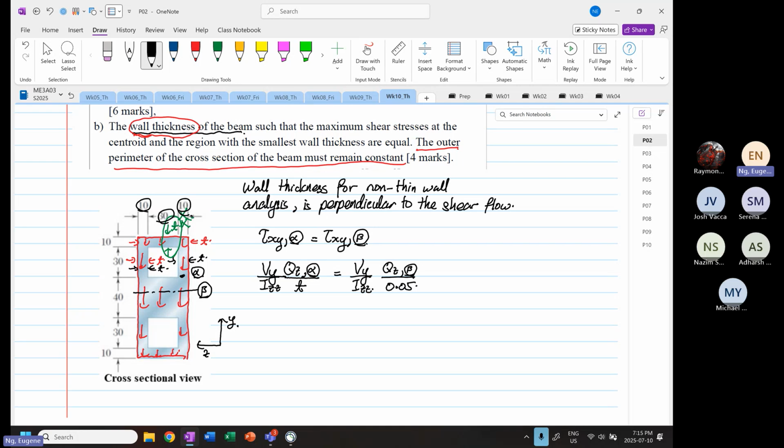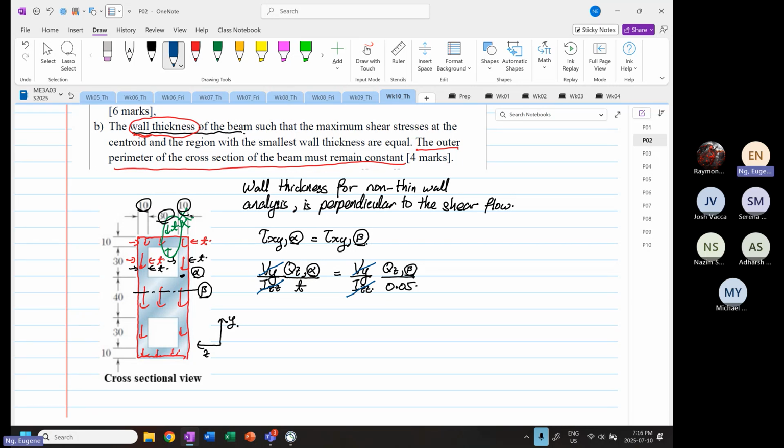Remember we have a set of rules. Regardless of the point of interest, V and I are constant. I repeat again, regardless of the location of interest, V and I are constant. So we can now cancel them out, because you will start to worry, oh, I don't have the thickness, I need to find Izz.